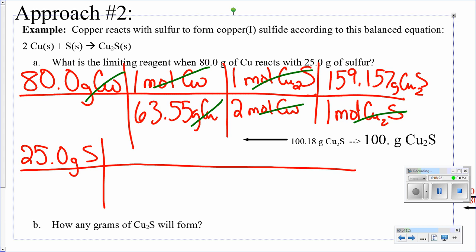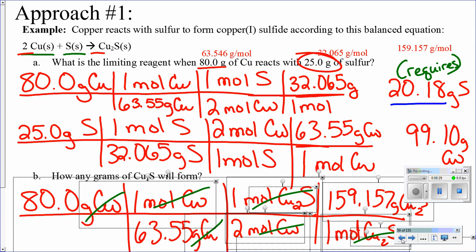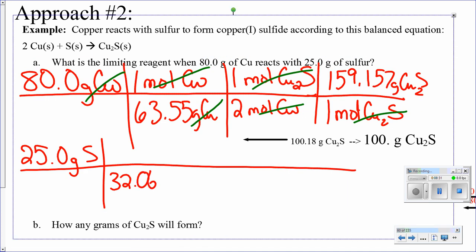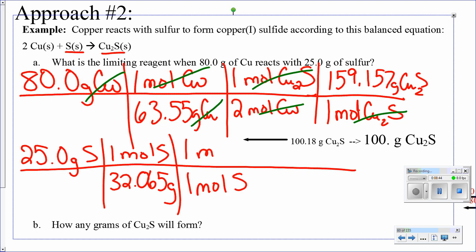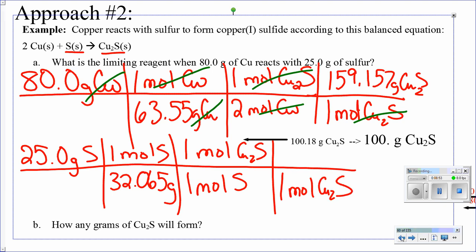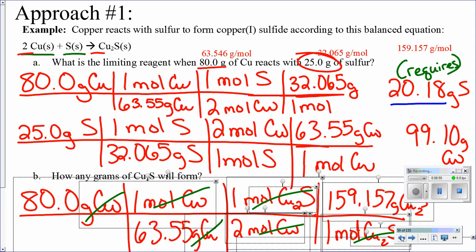So my GFM for sulfur is 32.065 in 1 mole. I'm comparing how sulfur will produce copper sulfide. So 1 mole of sulfur produces 1 mole of copper sulfide, and 1 mole of copper sulfide has a mass of 159.157.